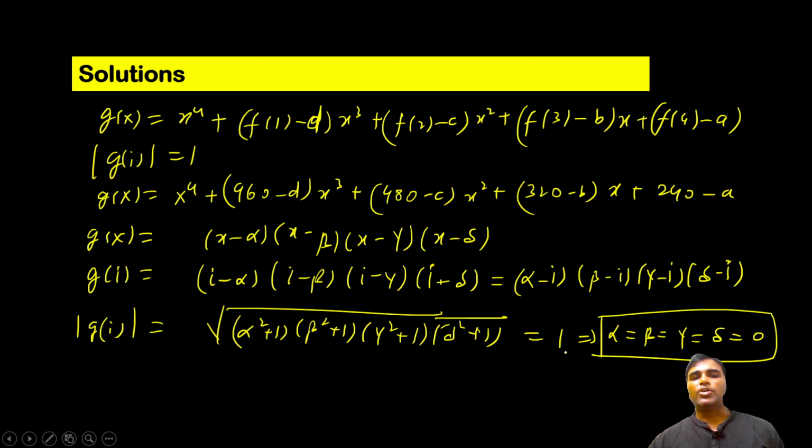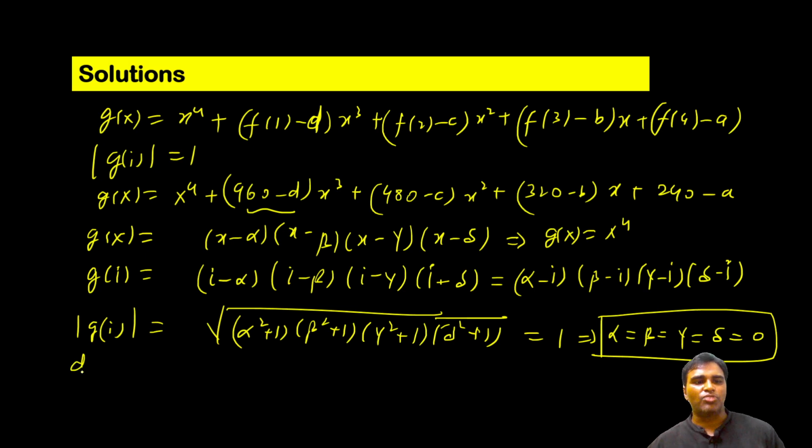So if all values are equal to 0, the polynomial is x power 4 only, no x cube, no x square, no x, no constant. Means 0 is repeating 4 times. So d is coming as 960, c is coming as 480, b is coming as 320, and a is coming as 240.